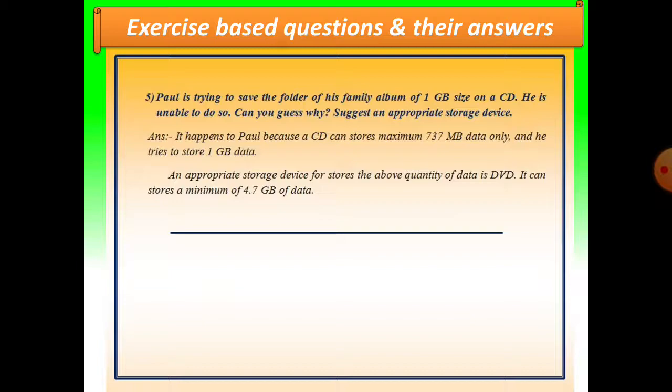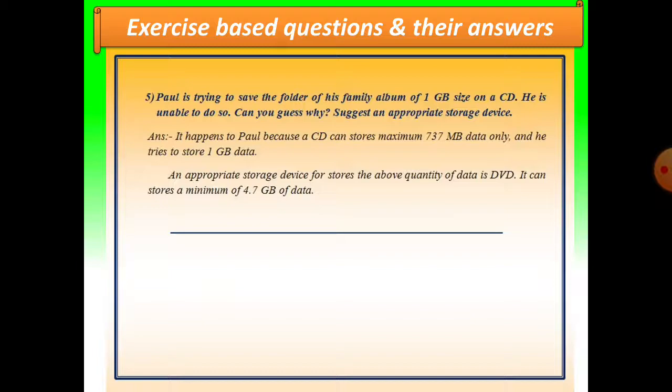Number 5. Paul is trying to save the folder of his family album of 1 GB size on a CD. He is unable to do so. Can you guess why? Suggest an appropriate storage device.